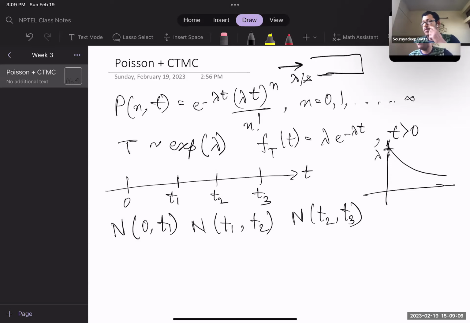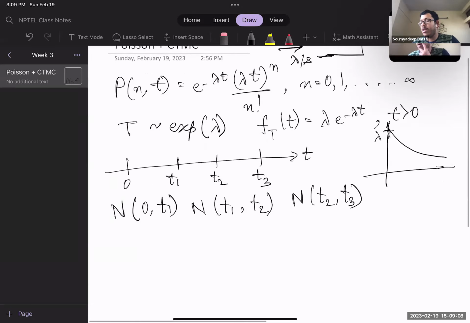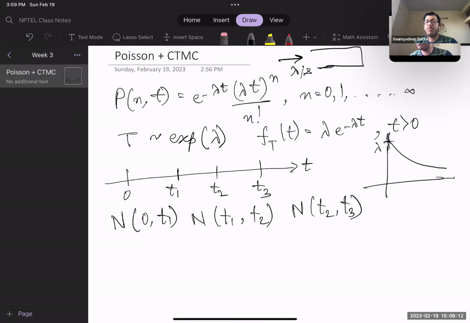We want to count how many people are arriving in the queue according to the Poisson distribution in these time intervals. My question is, are these quantities in any way dependent on each other? These three quantities: number of arrivals between 0 to t1, t1 to t2, and t2 to t3. Is there any dependence?